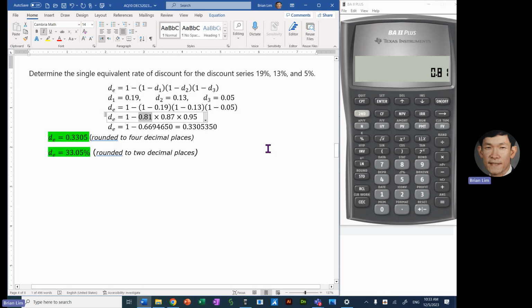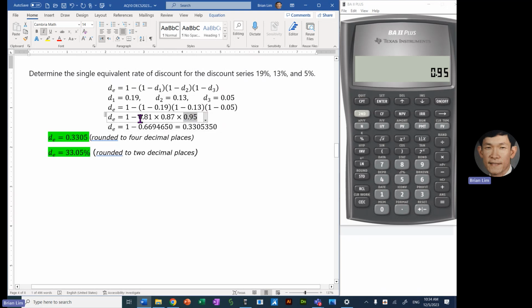Next one, 1 minus 0.13 would give us what? 1 minus 0.13 gives us 0.87, sorry, I should say it correctly. 1 minus 0.05 will give us the 0.95, which is this number right here.